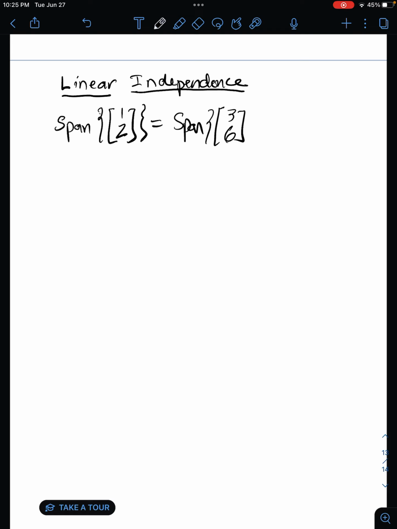So you get the same line, but it's also the span of (3, 6) and (-2, -4). You could even throw in (4, 8) and (6, 12). The span of the vector (1, 2) is the same as the span of these four vectors, because they all lie on the same line.